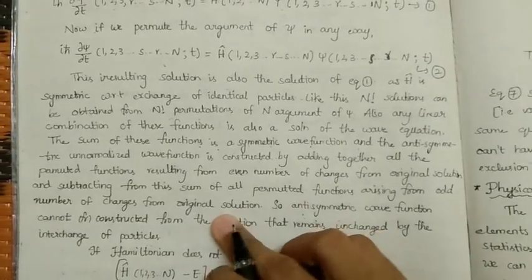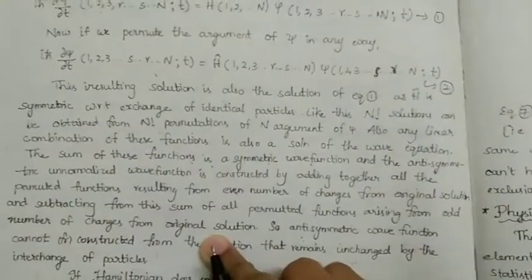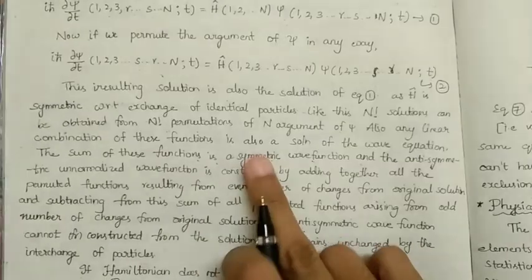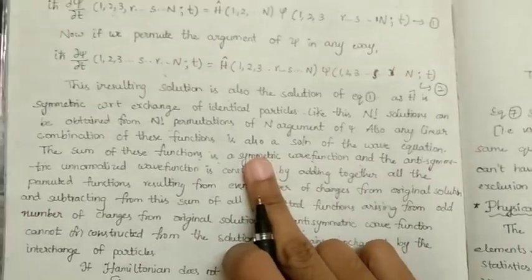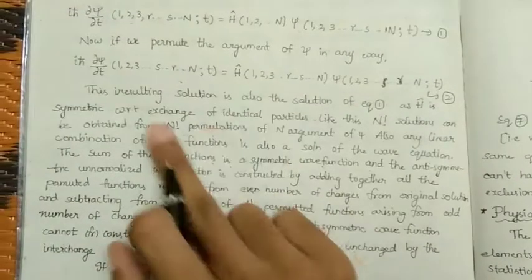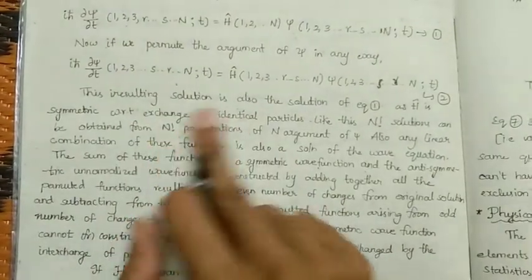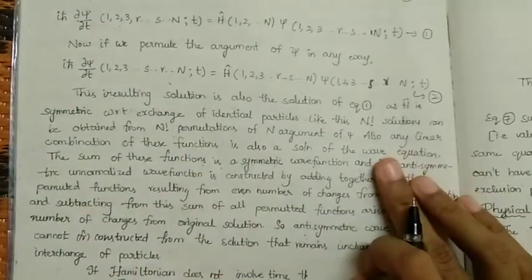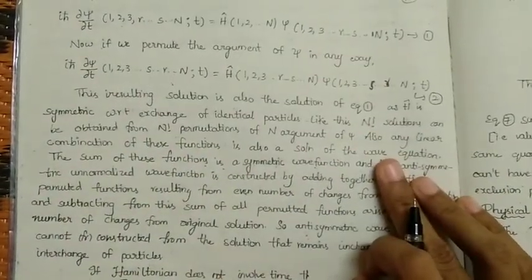This point has also been discussed in the symmetric and antisymmetric wave function construction. The symmetric wave function can be obtained by just adding all these n factorial possible solutions. The antisymmetric wave function is obtained by adding up even permutations.